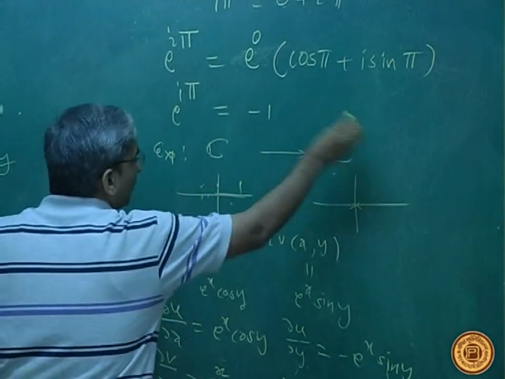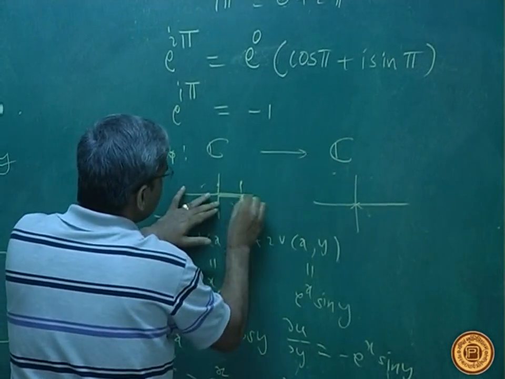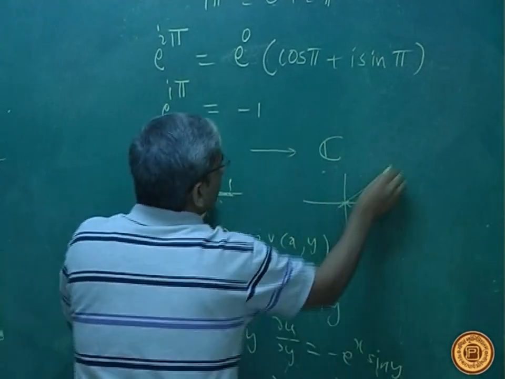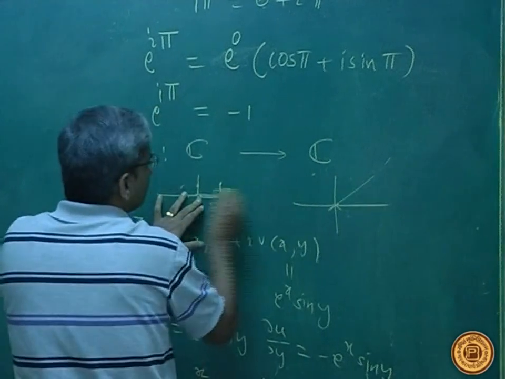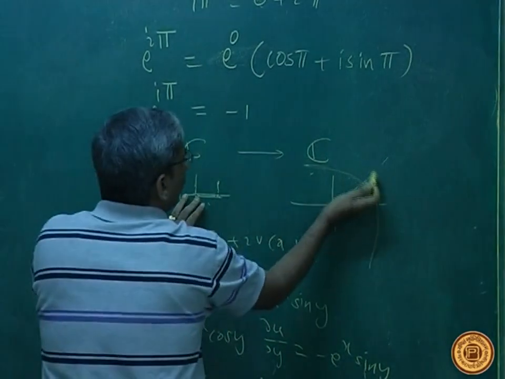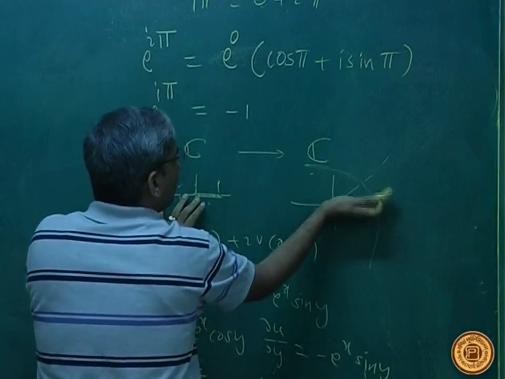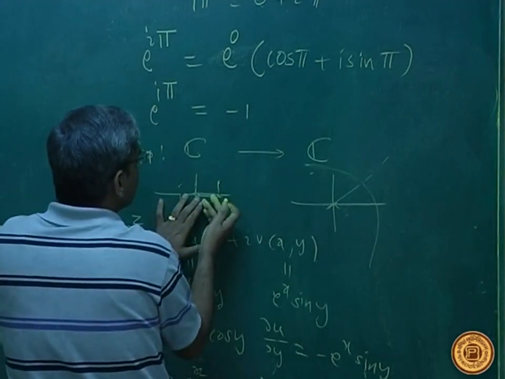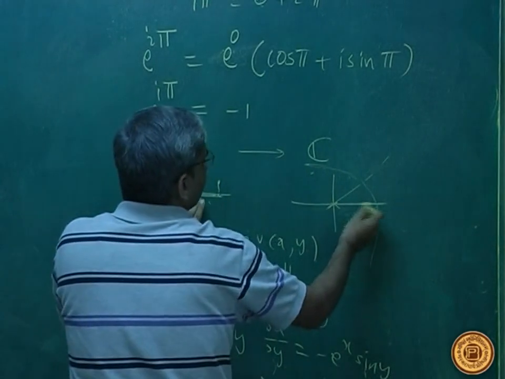Now e to the power z will have this as what? Absolute value. So it will lie on that circle of this length. And it will have this as argument. So it will make an angle of y radians with the positive x-axis here.